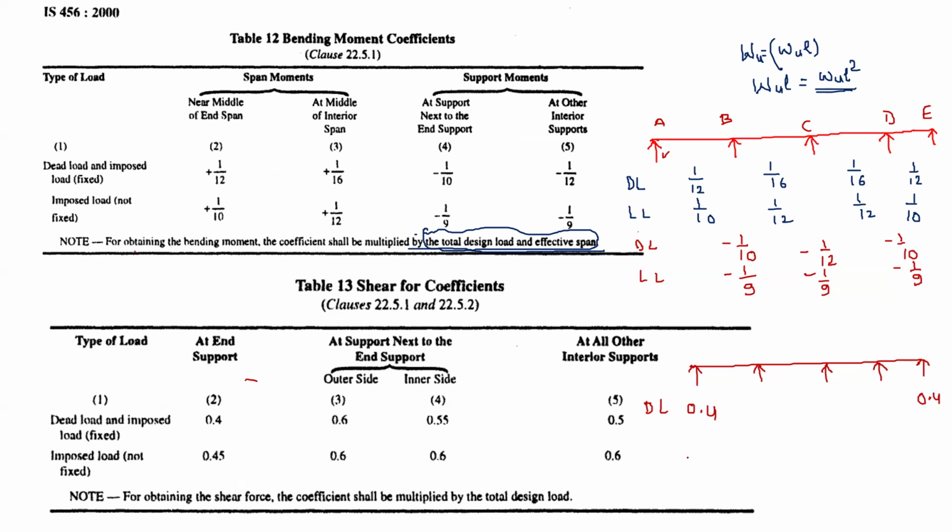For imposed load at end support, we go to the outer side at the support next to end support. On the outer side we have 0.6, and on the inner side we have 0.5.